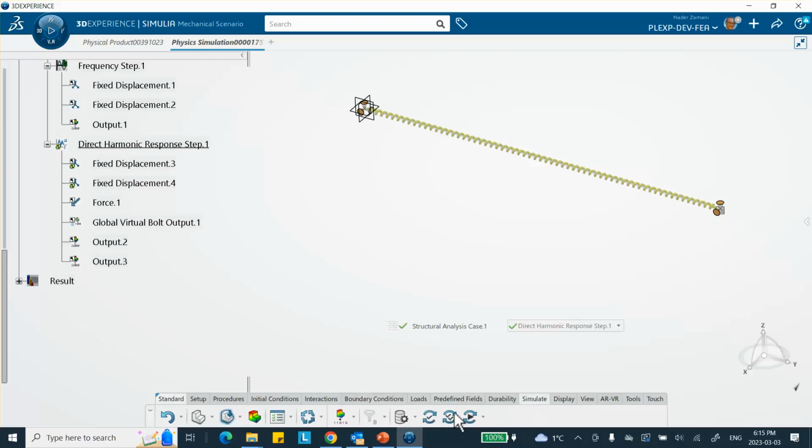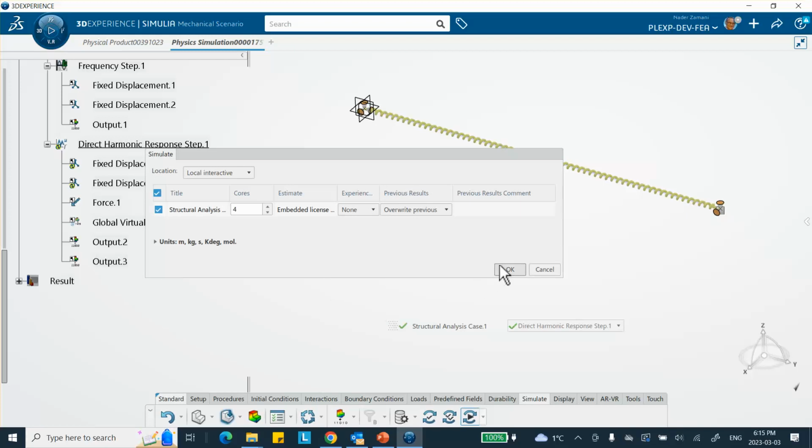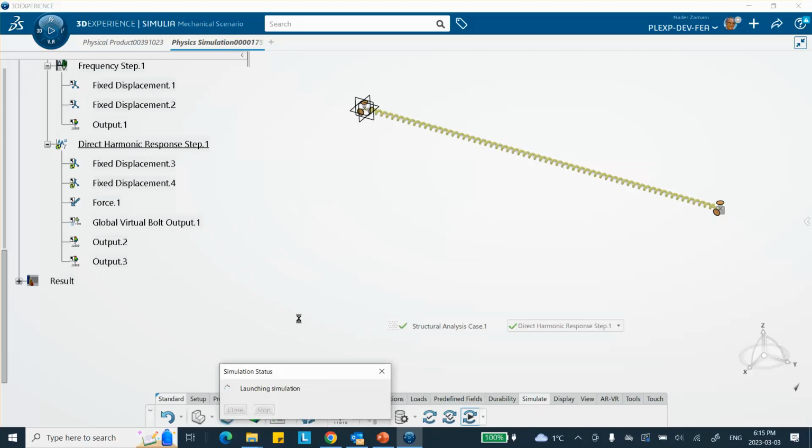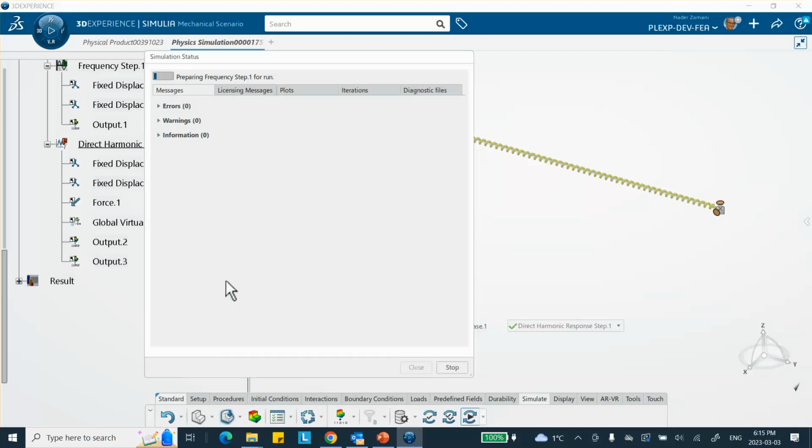So let's go ahead and run it, okay, simulate it. I'm not going to do a model check. Let's go ahead and simulate it, and I anticipate things to be okay. Let's find out. And naturally, the way I'm doing it, it does the modal dynamics again. In other words, it finds the frequencies one more time, but it's a simple problem.